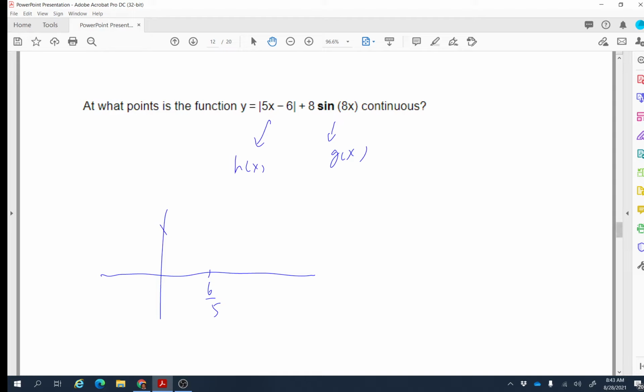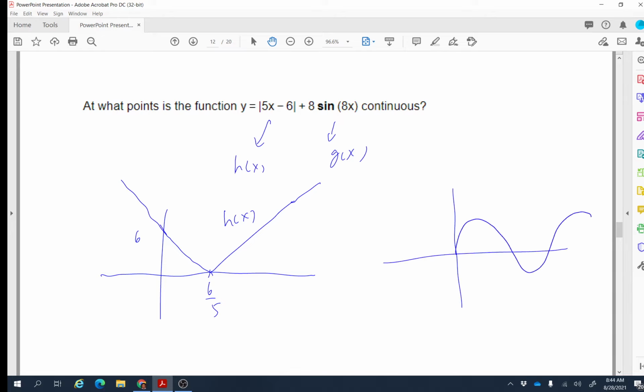At 0, the value would be 6. Absolute value function. This is the graph for h of x. And for g of x, because it's a sine function, the graph should look something like this. As you can see, both of these graphs are continuous everywhere.